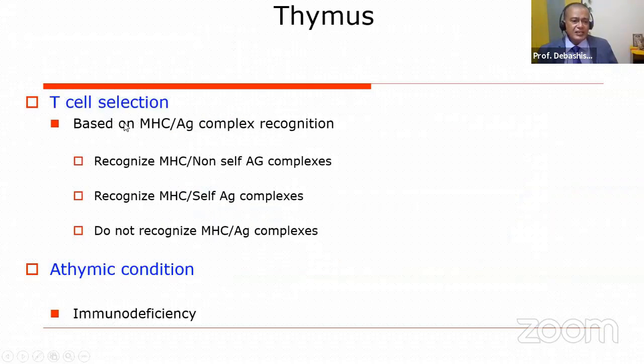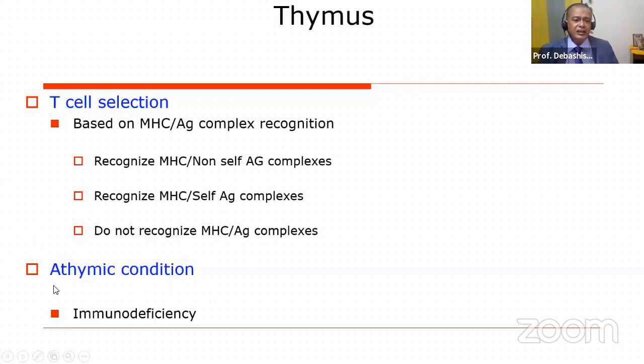The T cell selection basically is based on the MHC antigen complex recognition, whether the T cells will recognize the MHC non-self antigen complexes, or recognize MHC self antigen complexes, or do not recognize MHC antigen complexes. So these are very tricky balances to keep our immune defense system going on optimally without harming ourselves.